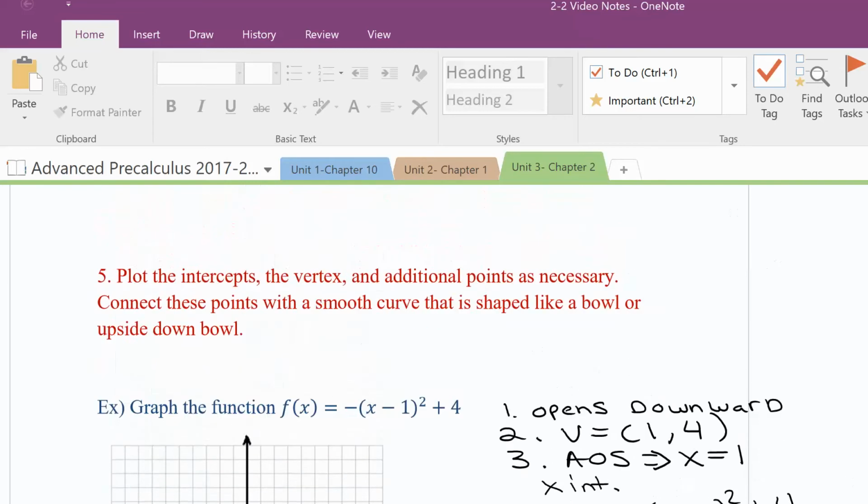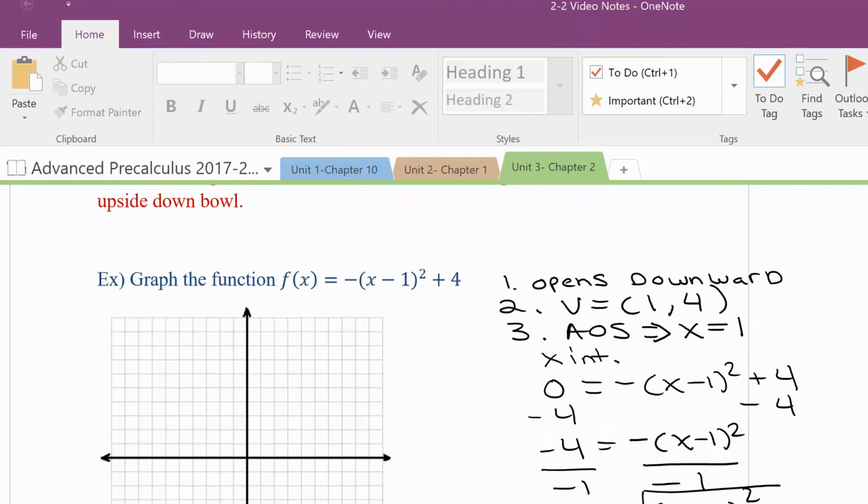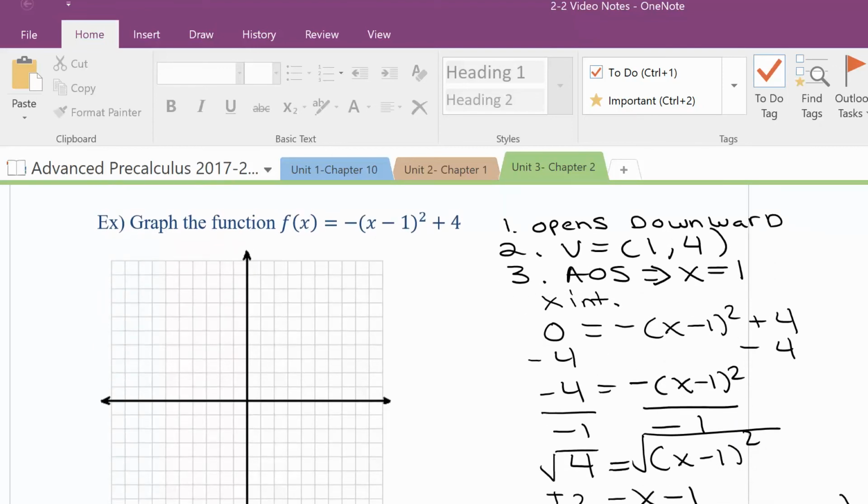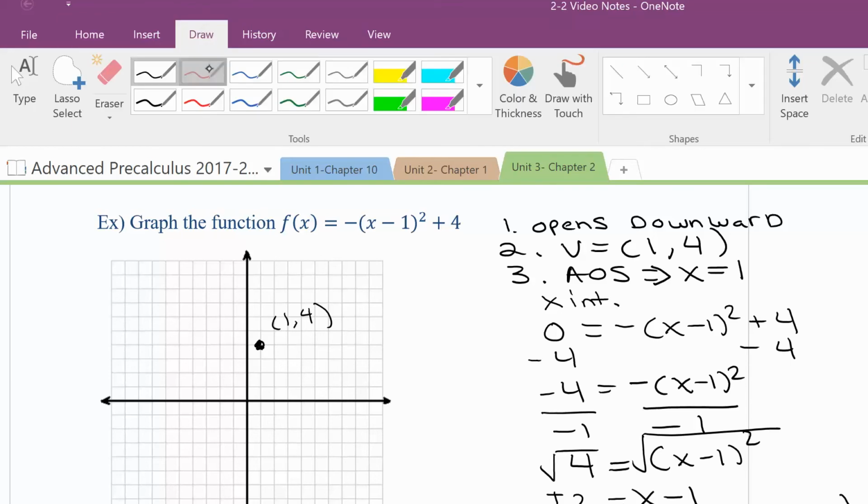So now I'm going to plot all this. So the vertex is 1, 4. The axis of symmetry, I'll put it in red. Axis of symmetry is x equals 1.